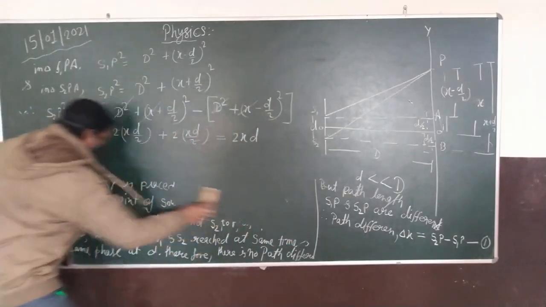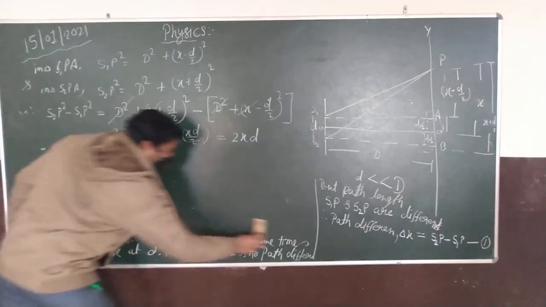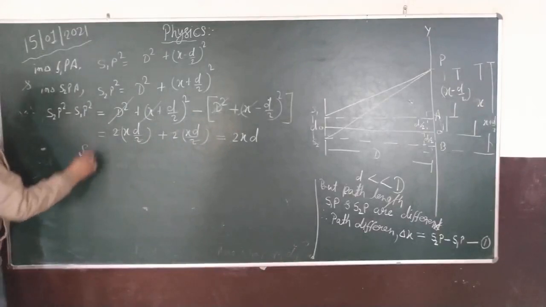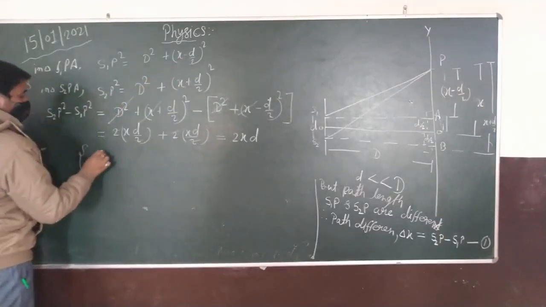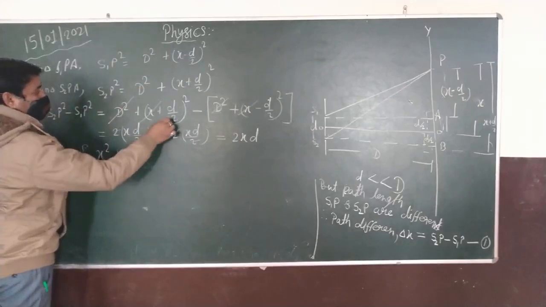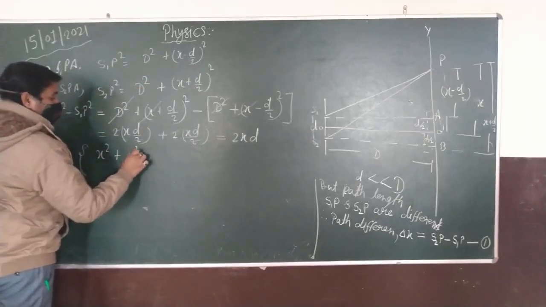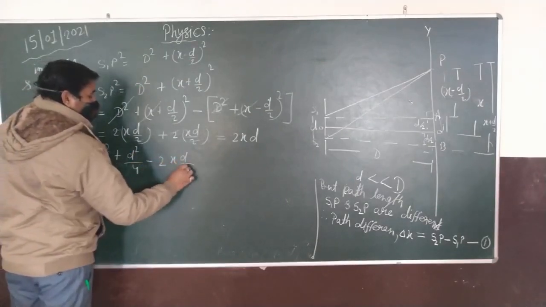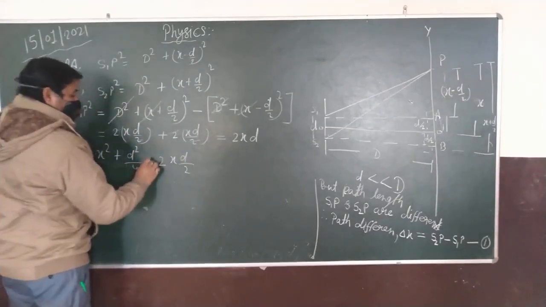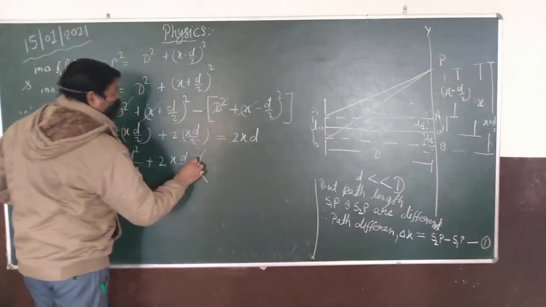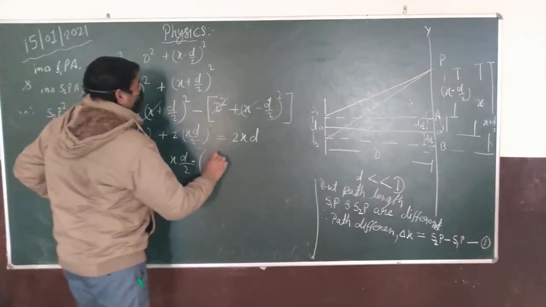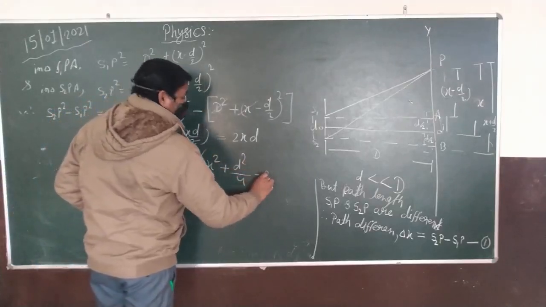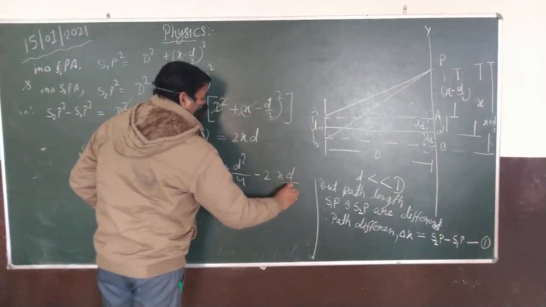If there is any problem, then I am just explaining to you how it will be. See here, when you open the square, x square plus d square by 4 minus 2x d by 2, and minus this x square plus d square by 4 and minus 2x d by 2.